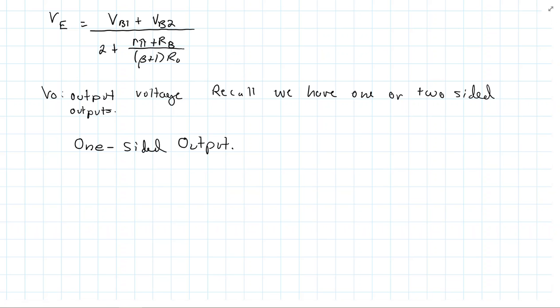And we're going to consider that V out, the one-sided output voltage, is on the collector of the second transistor.